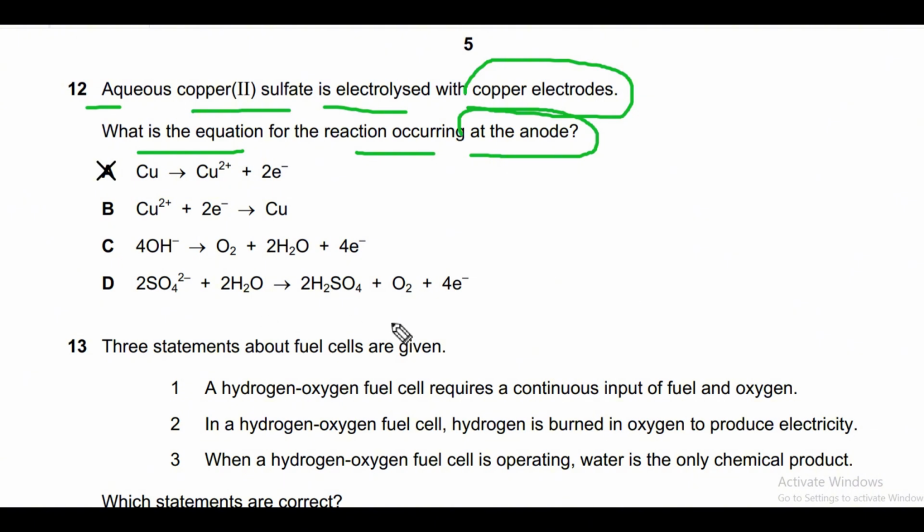And you know, in electrolysis of aqueous copper 2 sulfate using copper electrodes, at the anode an oxidation reaction occurs. Copper loses 2 electrons to produce copper 2 ion. At anode, oxidation reaction occurs. So A is the right answer. Copper on the left side, copper 2 plus on the right side plus 2e minus, that means copper loses 2 electrons to form copper 2 ion.